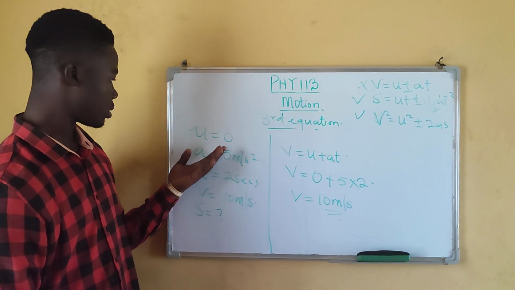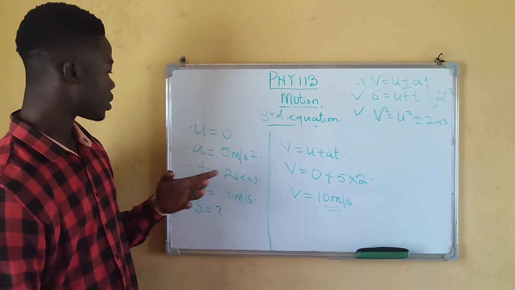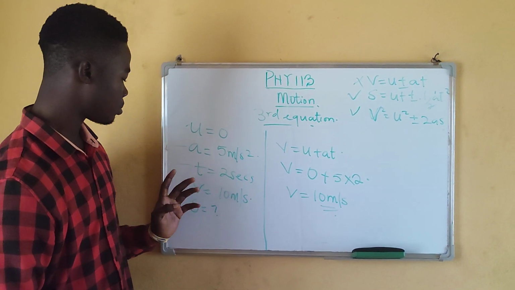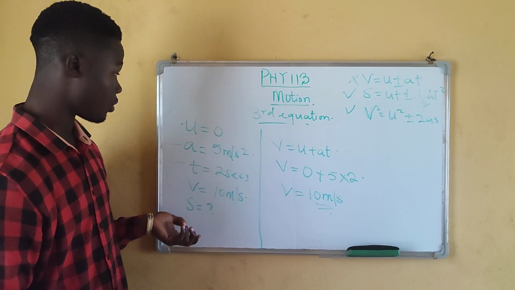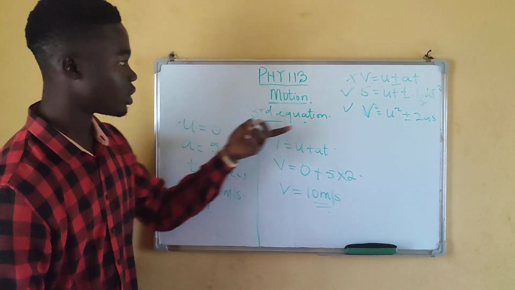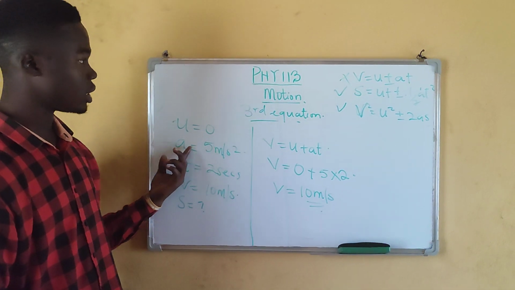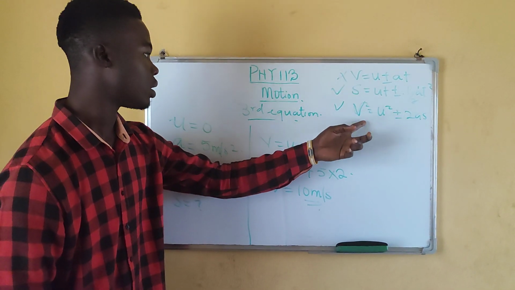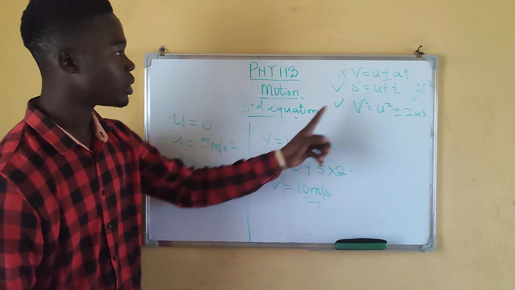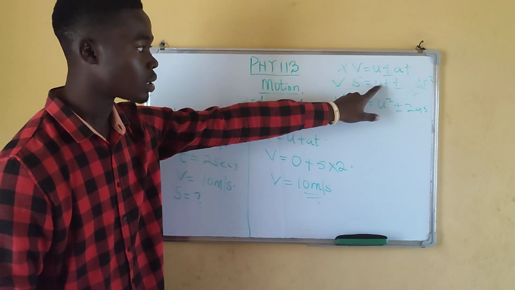Go back to your formula. We have initial velocity, we have acceleration, we have time, we have velocity. Now we have velocity. So go back. Initial velocity, is it here? Yes. Is it here? Yes. Acceleration, is it here? Yes. It's also here. Your time, is it here? Yes. Is it here?